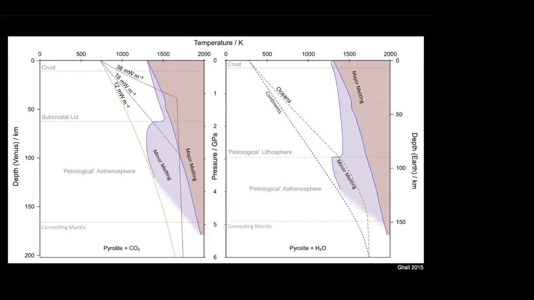And then here's 3 different options for Venus. Depending on the heat flow you pick, and this also depends on how much CO2 there is, how thick the crust is, and how dehydrated the crust and mantle are, you can produce wildly different tectonics on Venus.